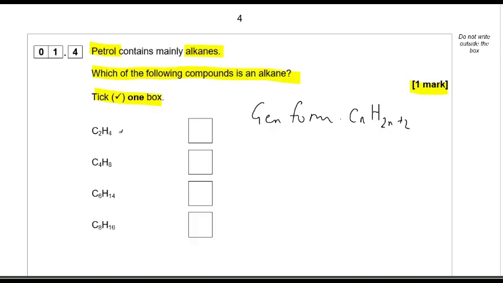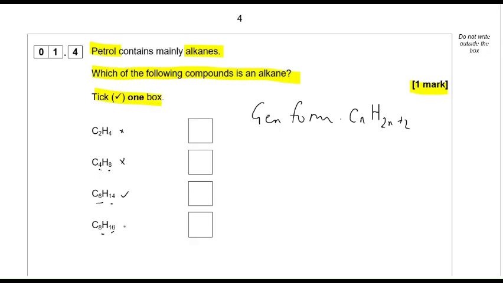That doesn't fit the formula. Next one, C4H8. That doesn't fit the formula. Now, C6H14. 2 sixes are 12, plus 2 makes 14. That does fit, so we'll give it a tick for now and do the last one just to be sure. C8H16, that doesn't fit the formula, so it's the third choice, C6H14. Tick the box for 1 mark.